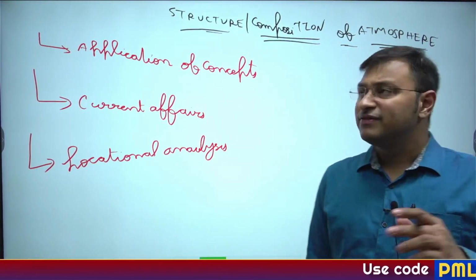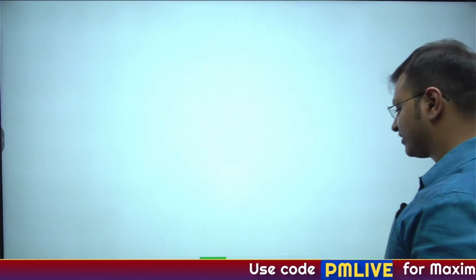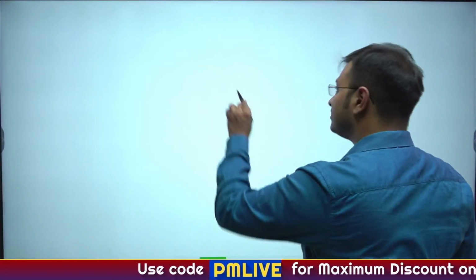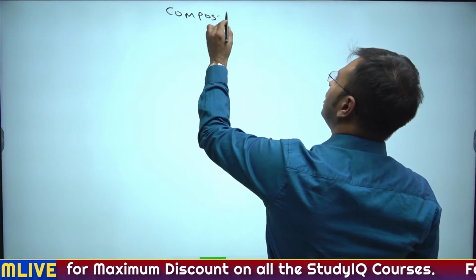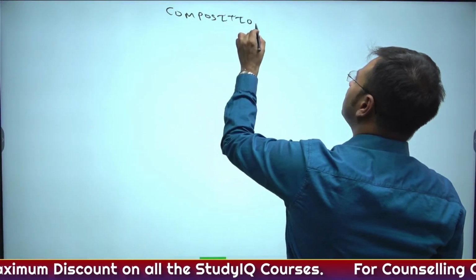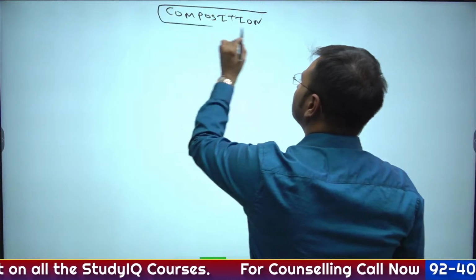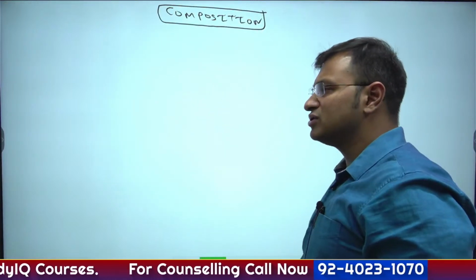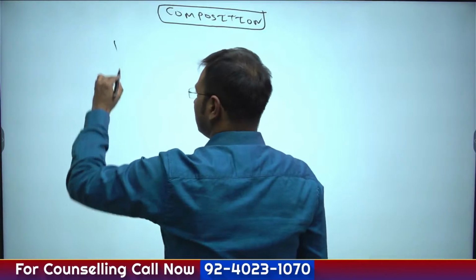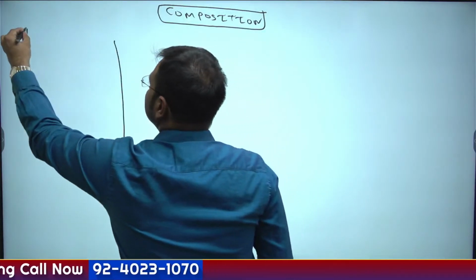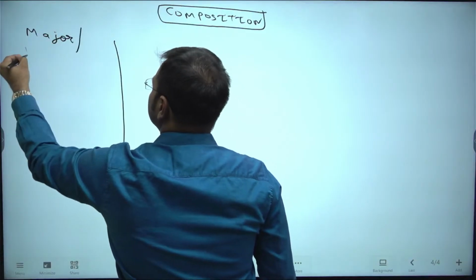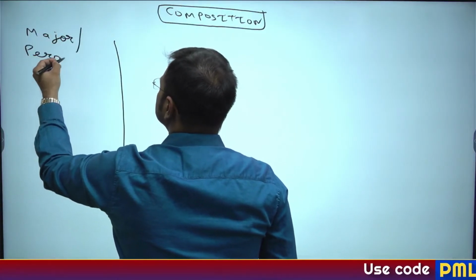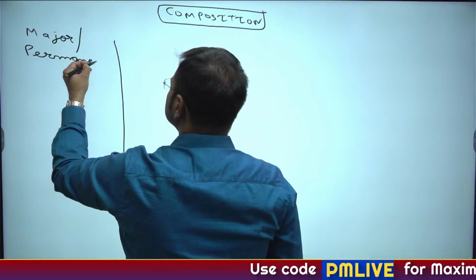So if we are trying to understand the application of concepts, let us start with the very first concept: the composition of the atmosphere. In composition, number one, we have the major gases of the atmosphere, also referred to as the permanent gases.